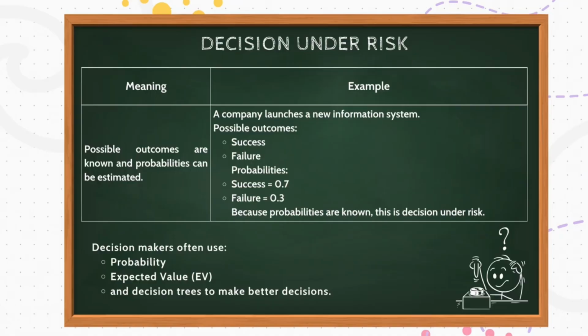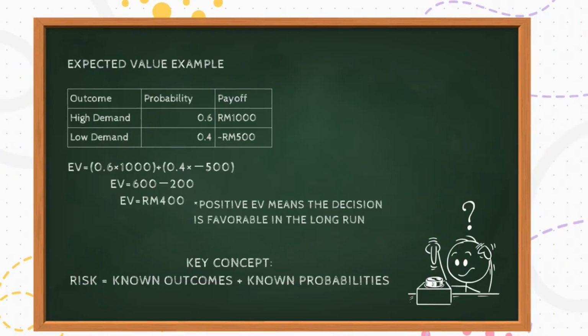In this situation, decision makers often use probability, expected value, and decision trees to help them make a better decision. Let's see the expected value example. Expected value helps decision makers estimate the average result of a decision by considering the possible outcomes and the probability of each outcome happening. So here, there is a 60% probability of high demand, which gives a profit of 1,000 ringgit.